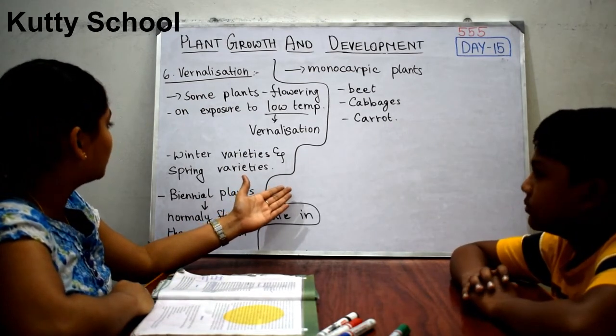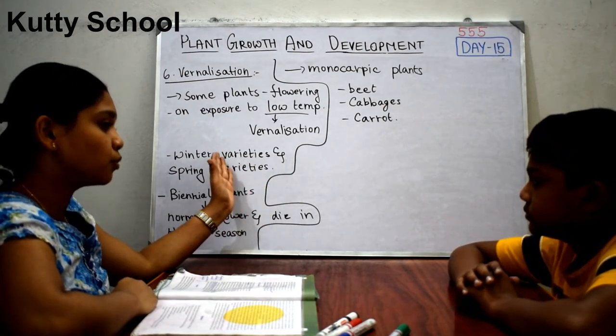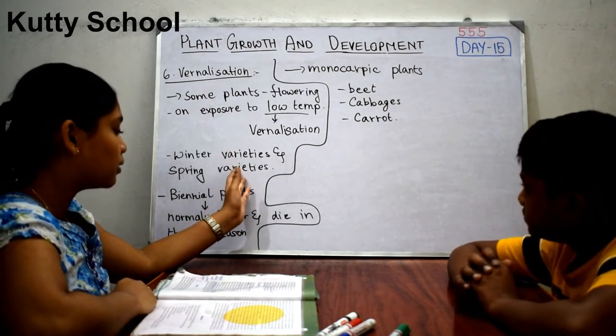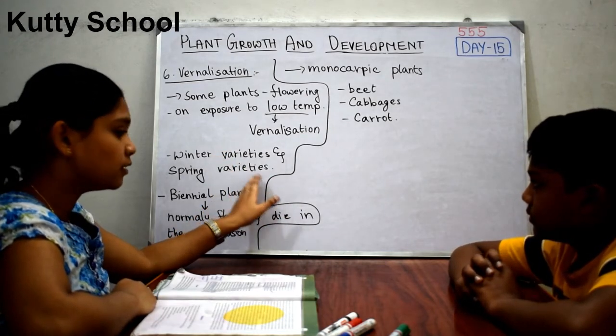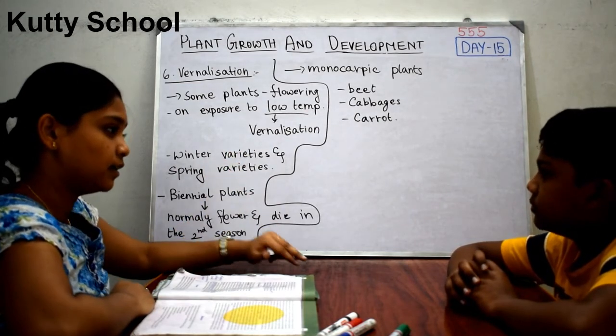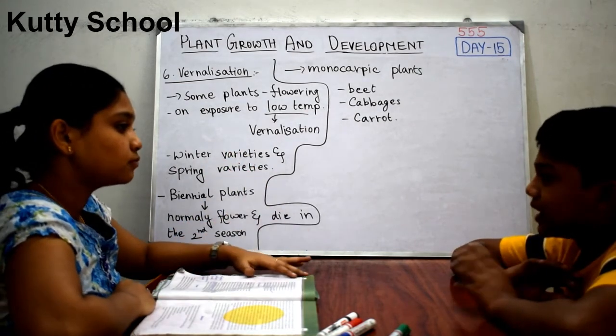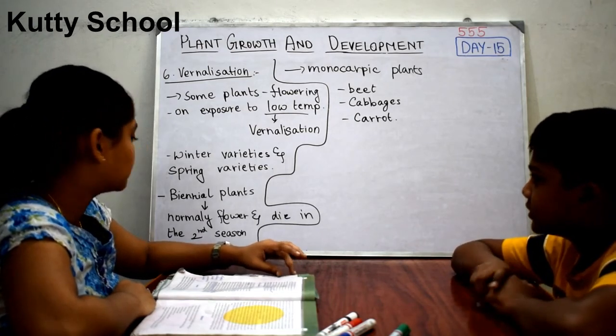There are two varieties, winter varieties and spring varieties. Winter variety plants flower only in winter, and spring variety plants flower only in spring. If you take winter variety plants and plant them in spring, they do not flower because the low temperature condition is needed. It's like taking a camel from the desert and bringing it to tropical regions.